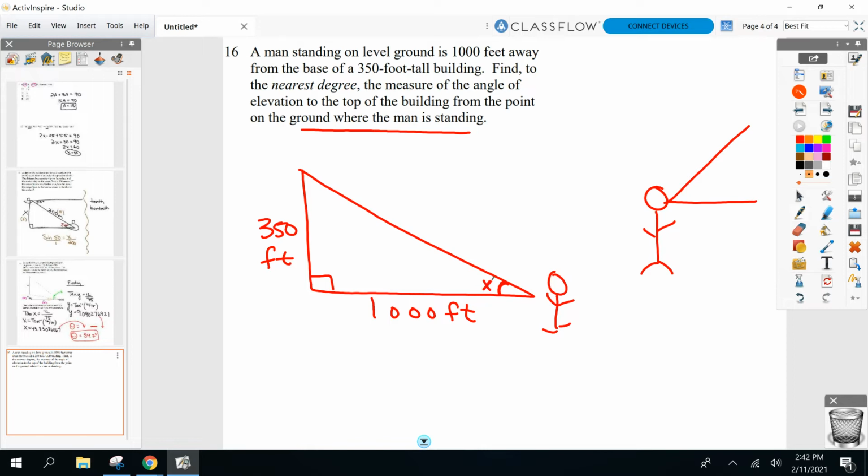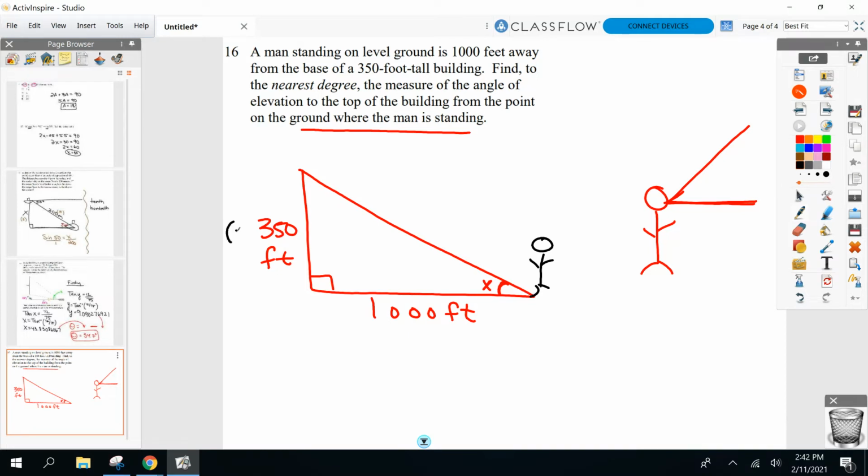All right, again, sometimes it is from his eye level up, but notice what it says. See the difference, guys? The start of the angle of elevation is on the ground where he's standing. All right, so if I wanted to move my guy up a little bit, here you go. From where he's standing on the ground, not his eye level here. All right, so there's the angle of elevation I'm looking for.